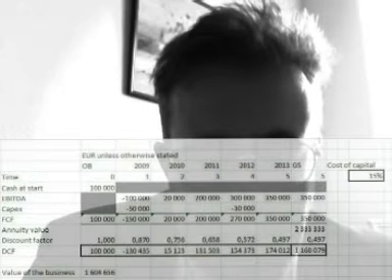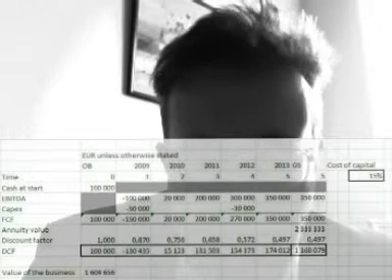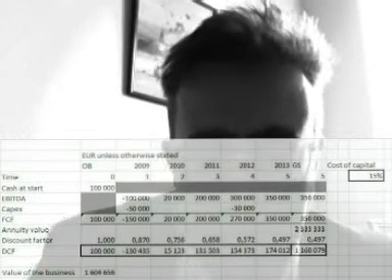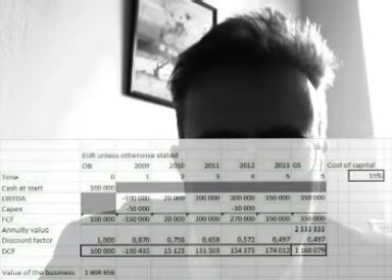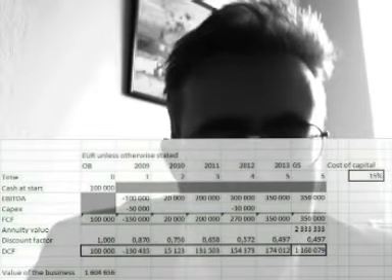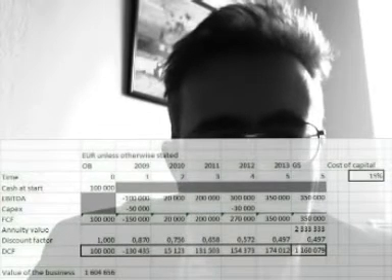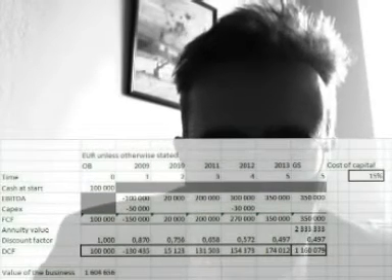If this is not right, I'll change it in a second. 1 plus K4. I didn't put the equals at the beginning, which is why it's treating it as text. Equals 1 divided by, open brackets, 1 plus K4, close brackets.